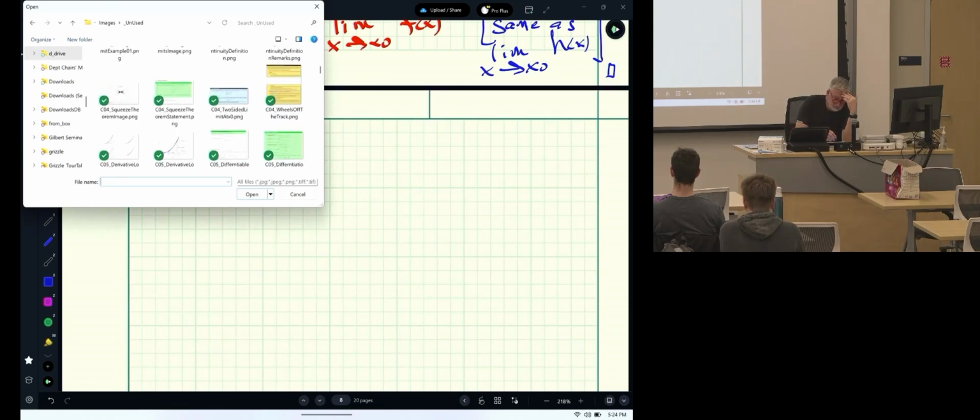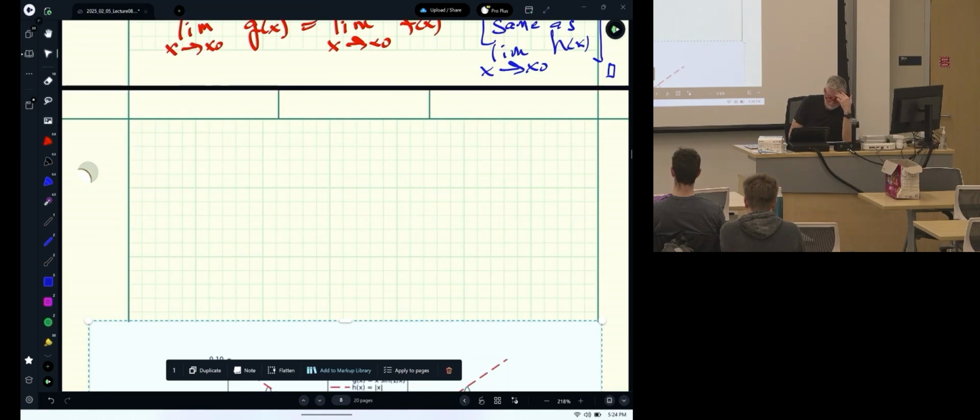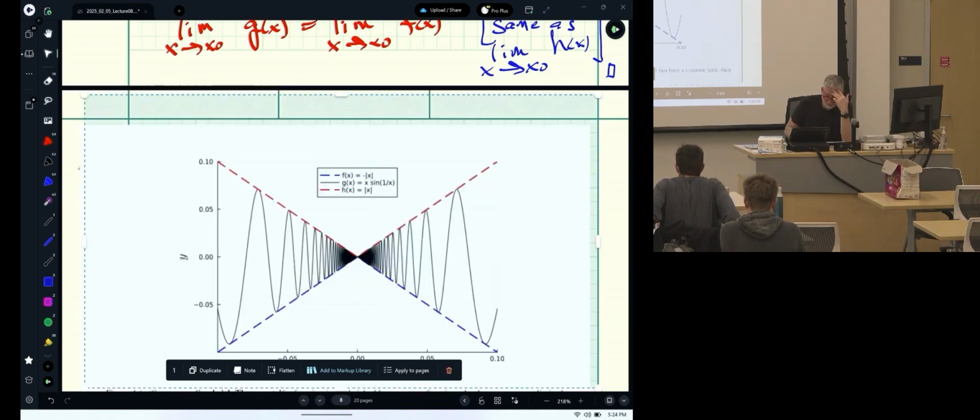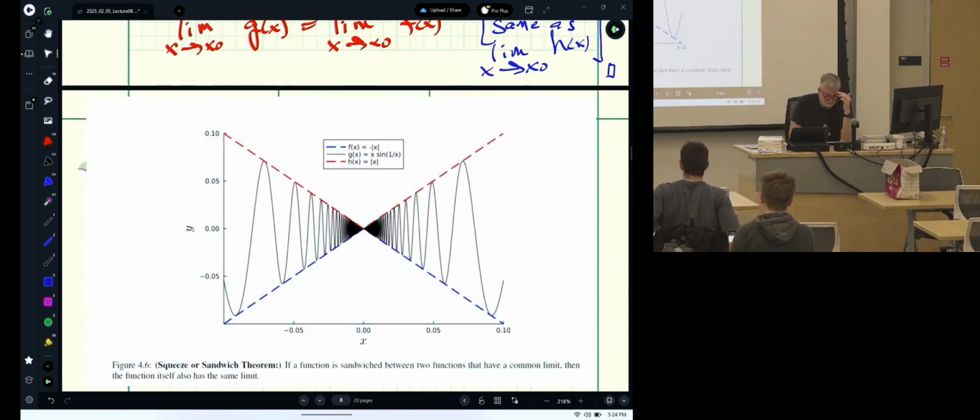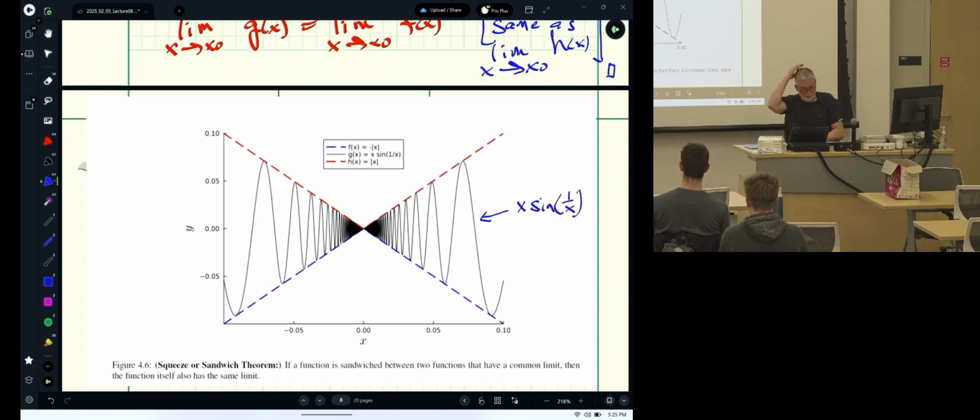Here it is. So this function here, it's x sine of 1 over x. It's kind of gnarly to figure out what that function is doing, because as x gets small, x goes to 0.